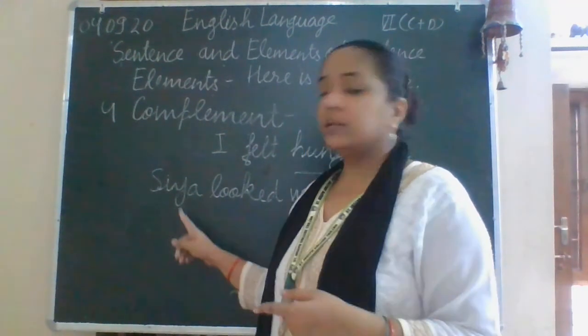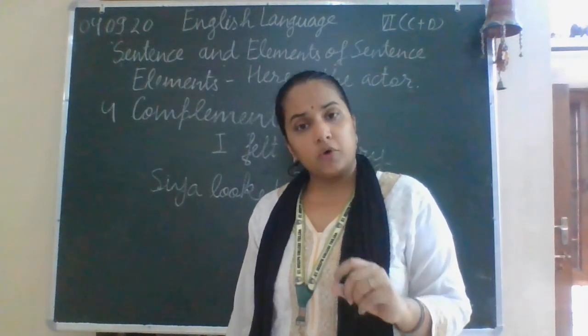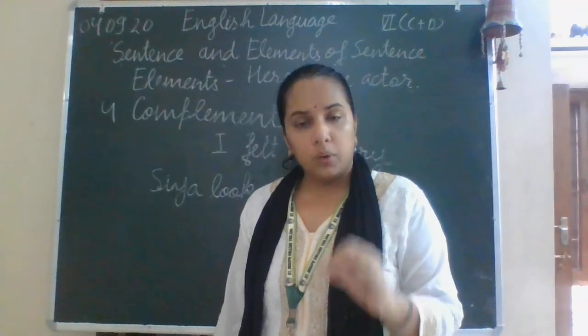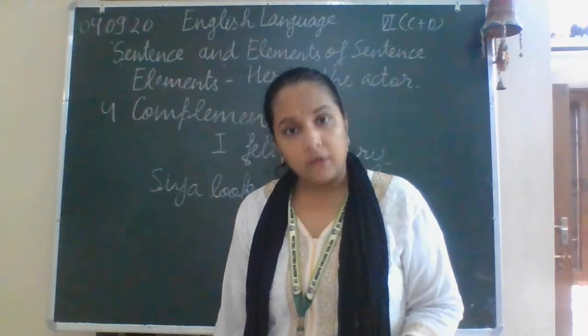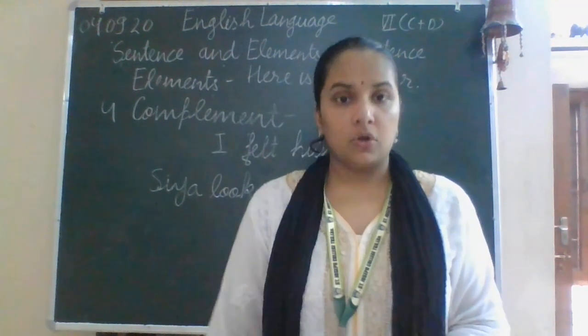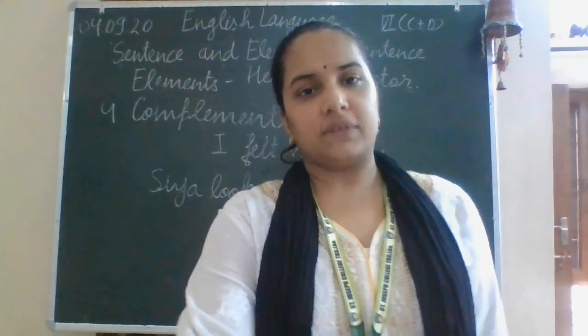And the last one, the complement, is a group of words which follows a verb and which tells something about the noun or the pronoun which comes before it. So this is all about the four elements of the sentence.